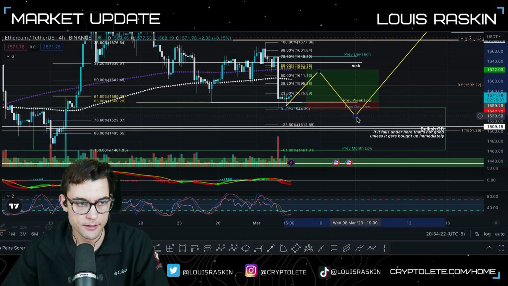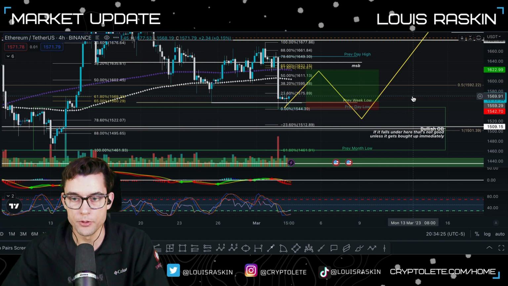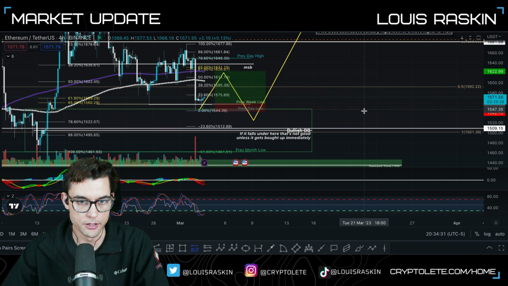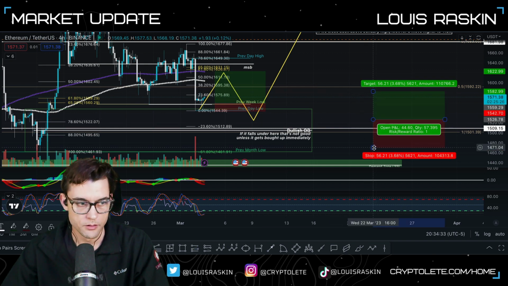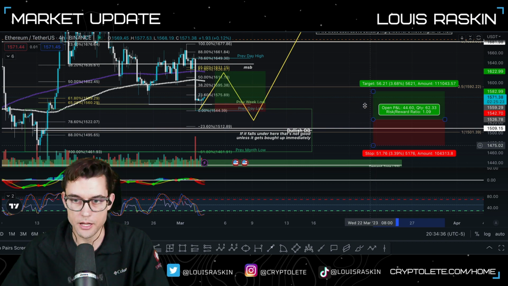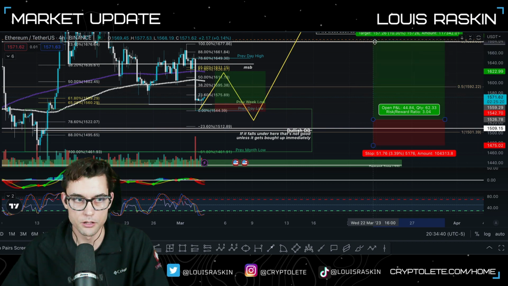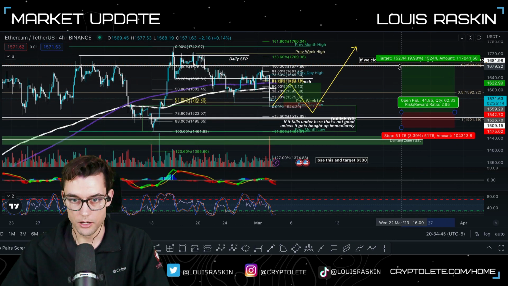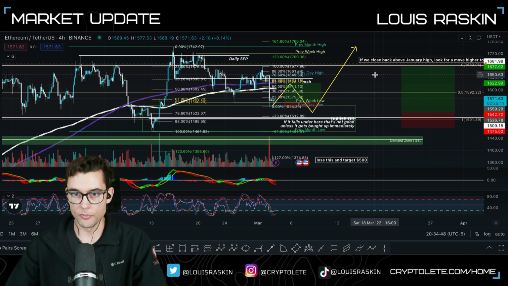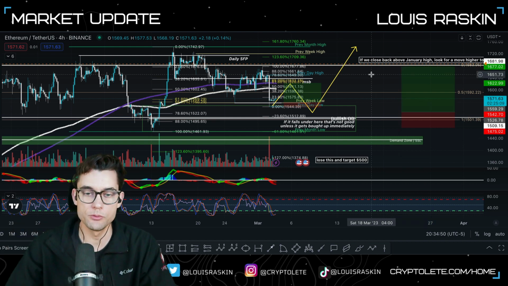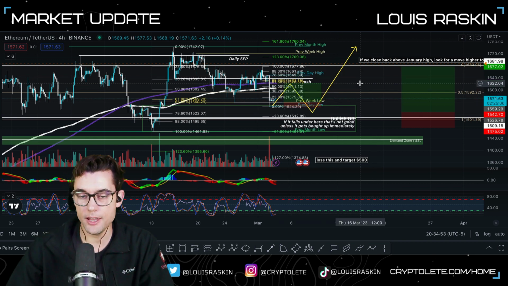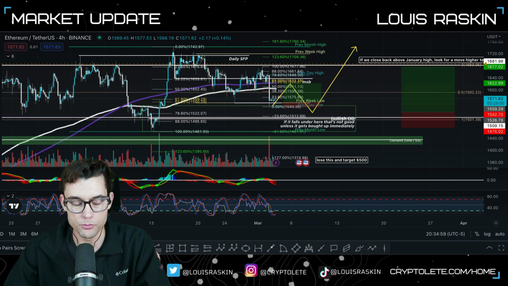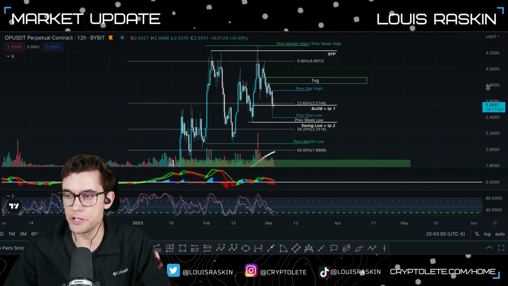And then I would have another trade set up down here for this. And this one I would target the highs, like up here. So these are two trade setups in one for Ethereum. Can I pull it off again like I did the other week with Bitcoin? Will it come up here and then fall back down here and then move up? I don't know. We're going to find out. And I think that that's pretty good.